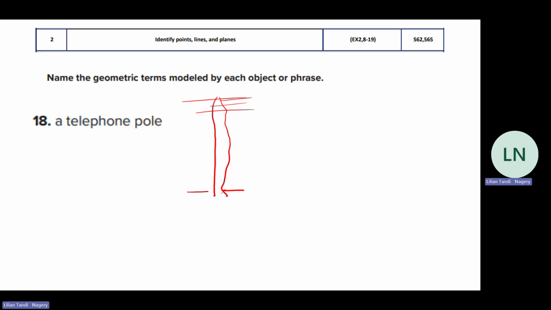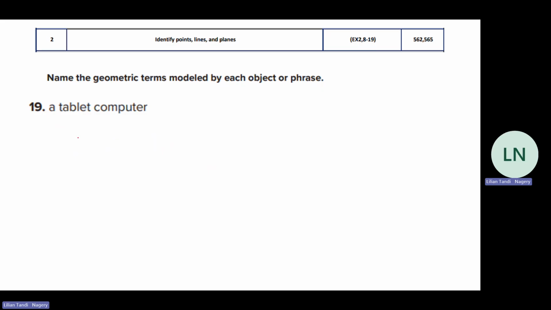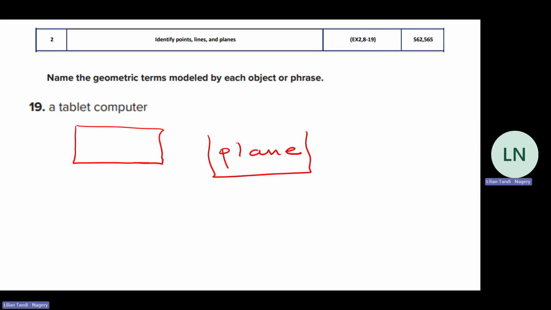Okay, so a pole, this is the pole. So the pole is a straight line. So this will be a line. Okay. The tablet or computer is just like your laptop. So it is rectangular. Okay. And this will be a plane. So you have to know how to read English. You have to know how to remember vocabulary for you to connect.